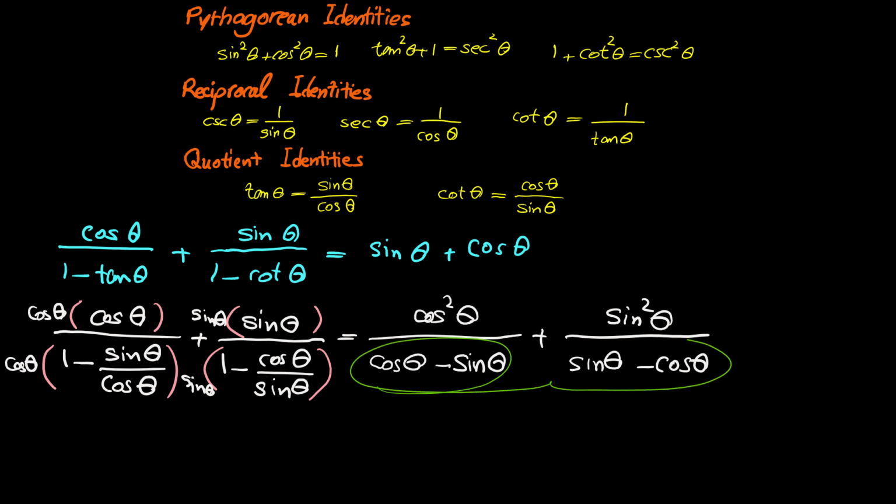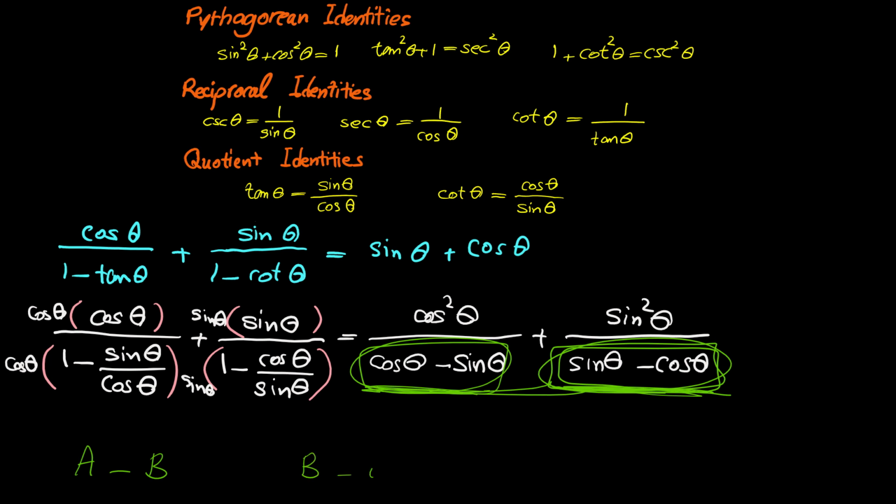These two denominators seem to be similar, but are they exactly the same? If you pay attention, they are negative of each other. Let me tell you the reason. Pay attention to these two expressions, a minus b and b minus a. Are they equal? No. But if you pay attention, these are negative of each other.